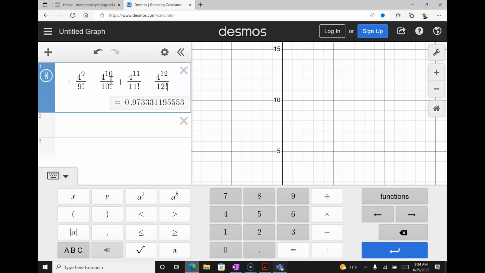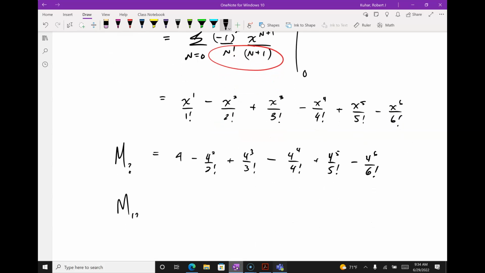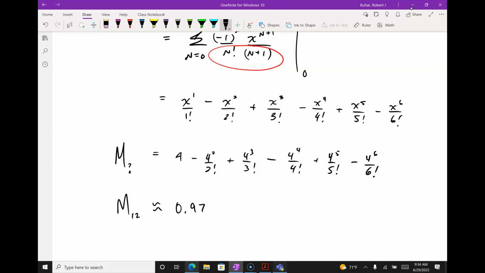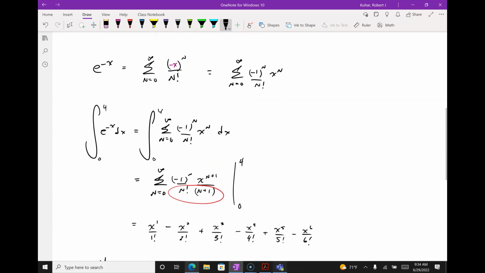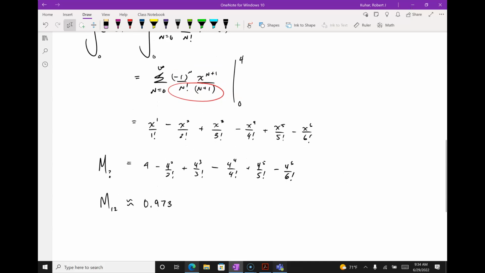There we go. 12 friggin' terms. That sucked. 0.973.